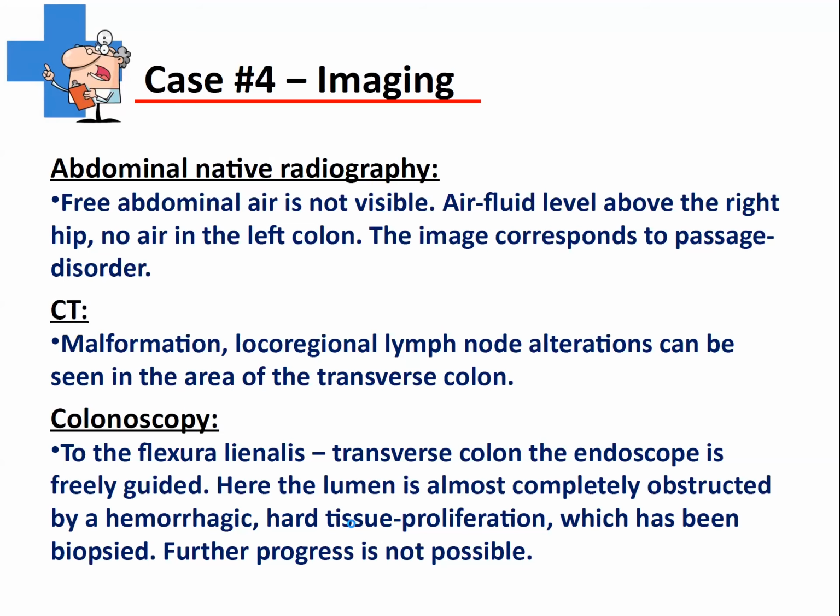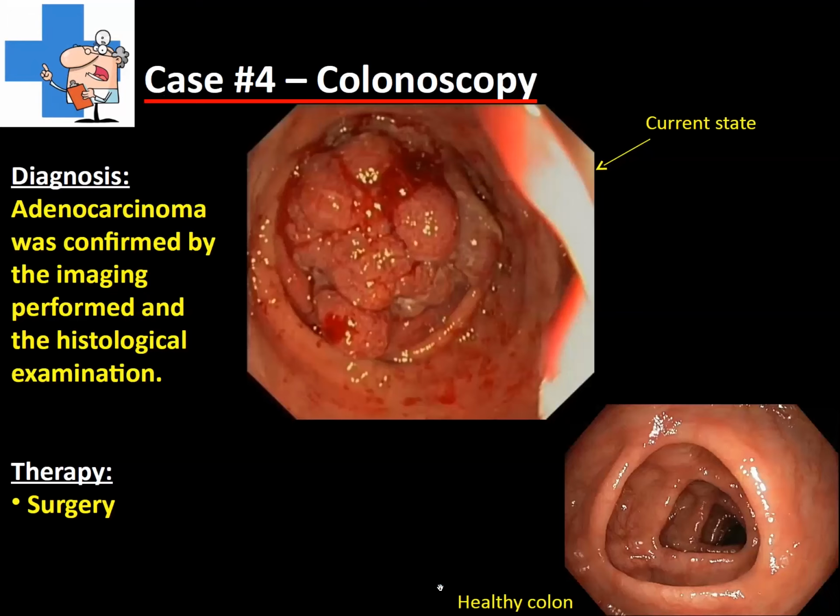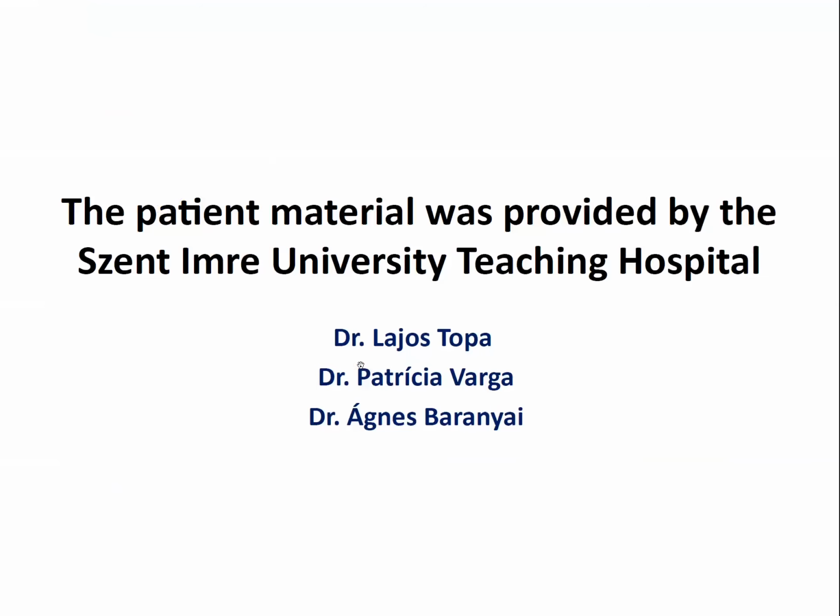Further progression is not possible, and this is how it looked. So it's completely obliterated. Let's see the normal colon. The adenocarcinoma was confirmed by histological evaluation, and the treatment for sure has to be surgical removal of the tumor.